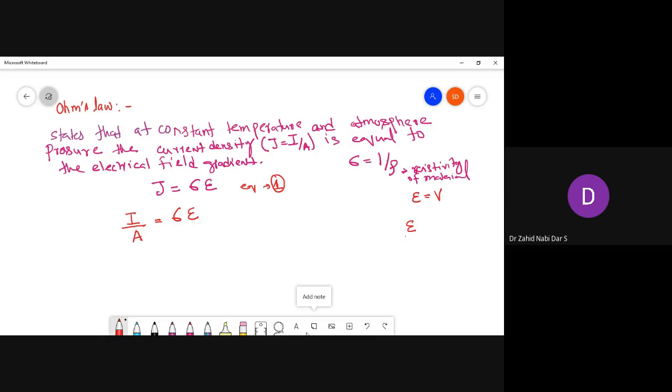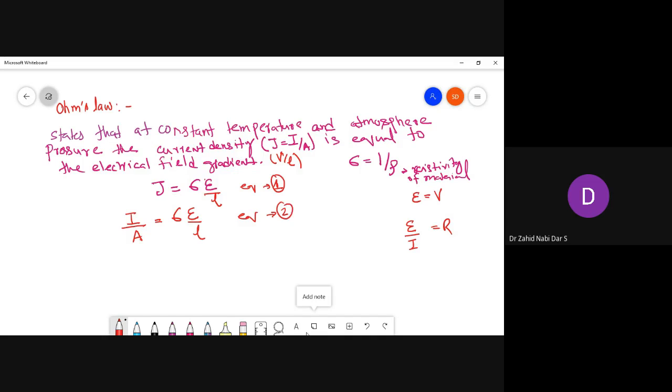You can write either E by I is equal to R or V by I is equal to R. So here if you notice, that is the gradient, E by L, the electrical field gradient. This is voltage per unit length. So this thing you have to take into consideration.